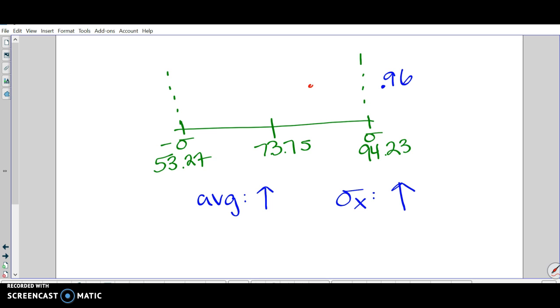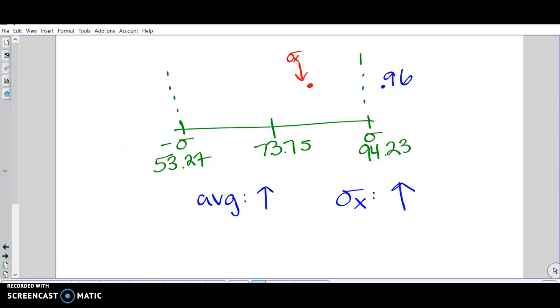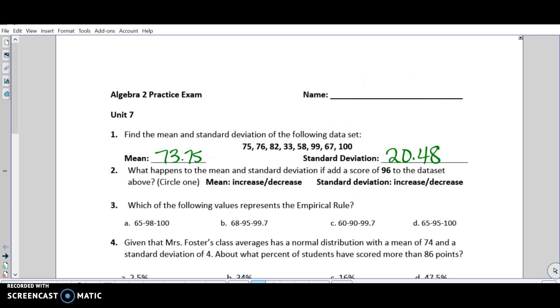If we add a point inside our spread, that would decrease our standard deviation, right? And you got to remember, if you score something above your average, it's going to bring it up, and below it, it will bring it down. So going back to the problem, both of these two would increase.